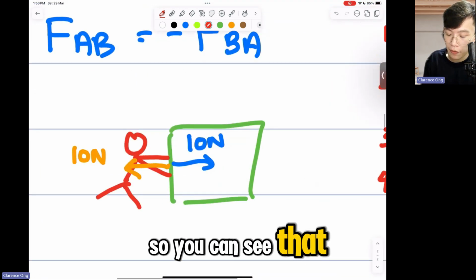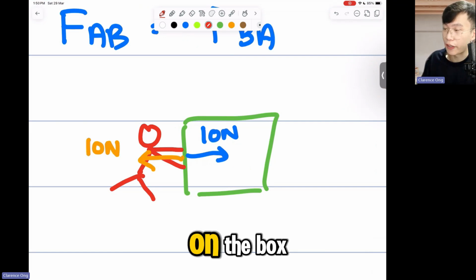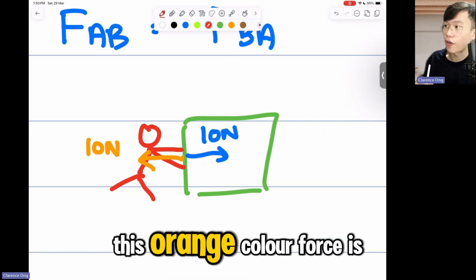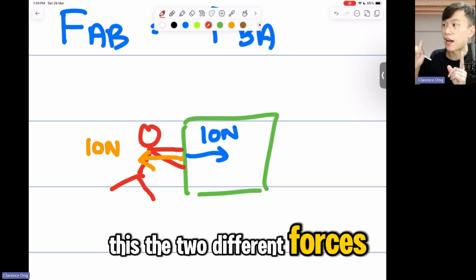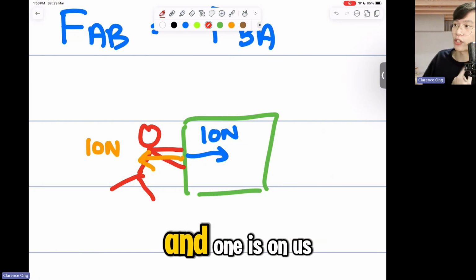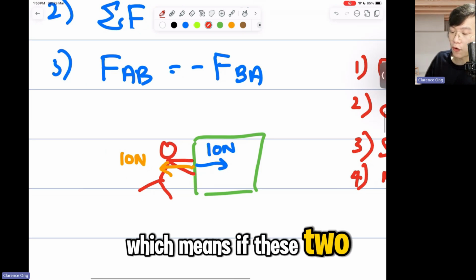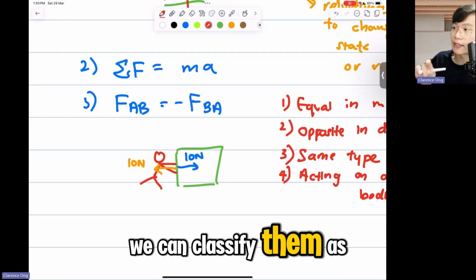For the force exerted by us on the box, this blue force is on the box. But for the force exerted by the box on us, this orange force is on us. The two forces are acting on different bodies. One is on the box and one is on us. So that also fulfills the criteria. Which means if these two forces fulfill all 4 criteria, we can classify them as an action-reaction pair.